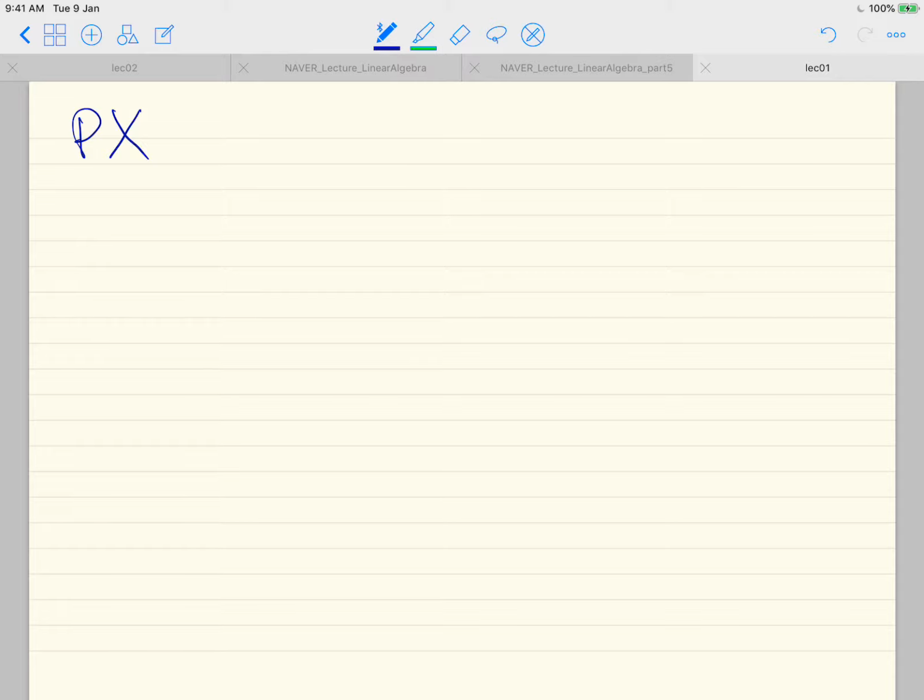Suppose X has 5 different rows, and let's reorder these rows as 1, 5, 3, 2, 4.